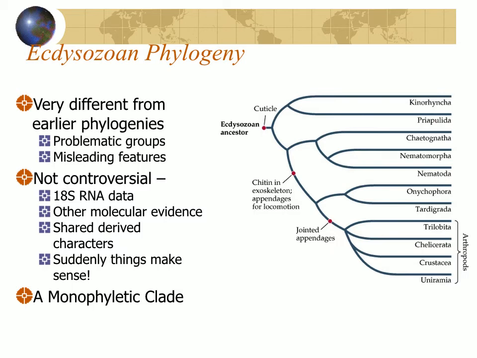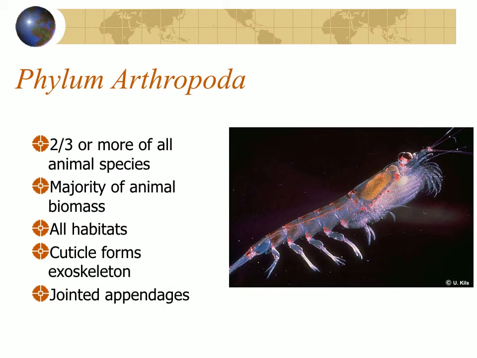The largest group here is, of course, the arthropods, containing 2/3 or more of all animal species and the majority of animal biomass on Earth, common in all habitats. And here the cuticle forms an exoskeleton that has jointed appendages, and these can be adapted for swimming, walking, flying, and all sorts of different mouth parts.